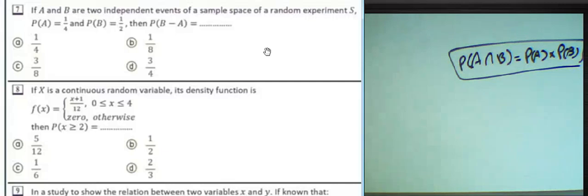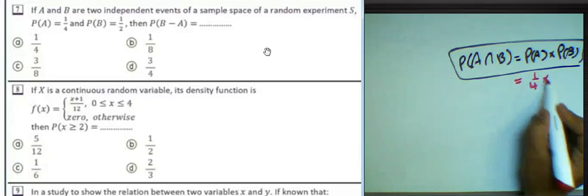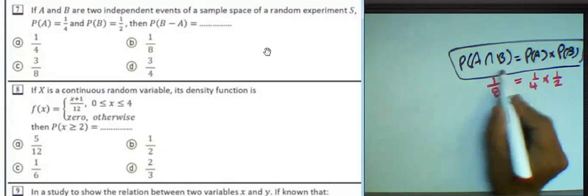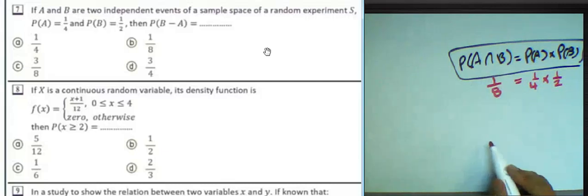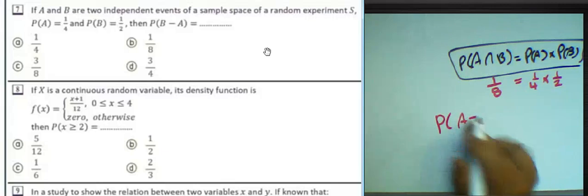We can find probability of intersection of them. He give us probability of A was 1/4 and probability of B equal half. Then the intersection between them A and B equal 1 over 8. We want to find probability of A or B.